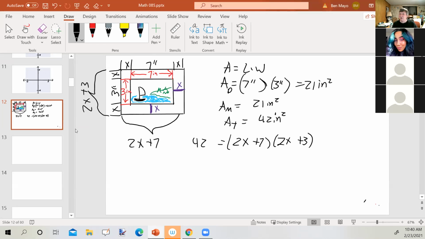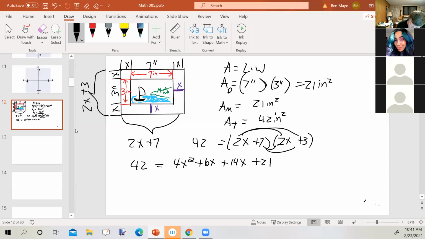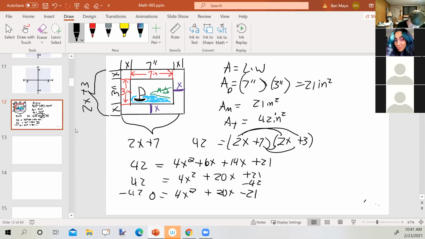Can you see how it's the same process? So 42 equals 4x squared plus 6x plus 14x plus 21. 42 equals 4x squared plus 20x plus 21. Subtract 42 from both sides. 0 equals 4x squared plus 20x minus 21.